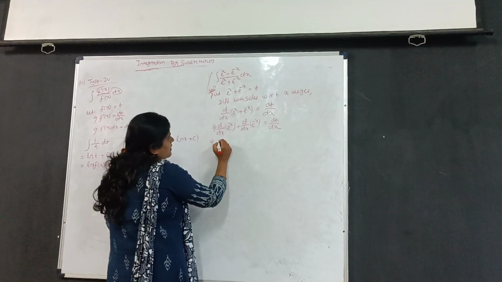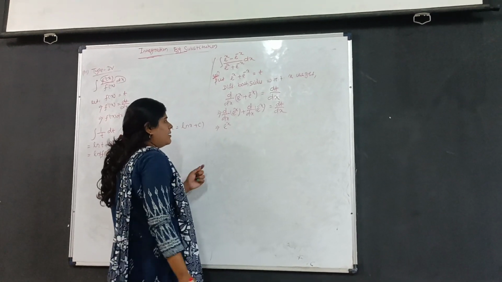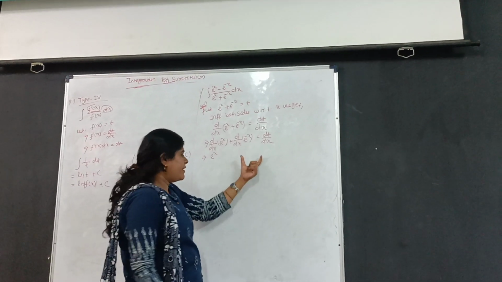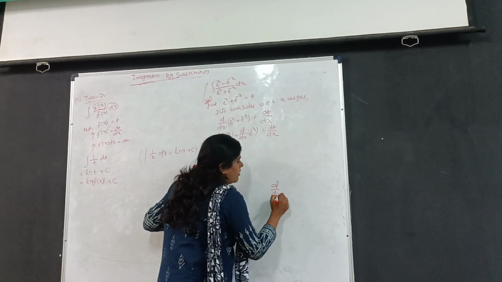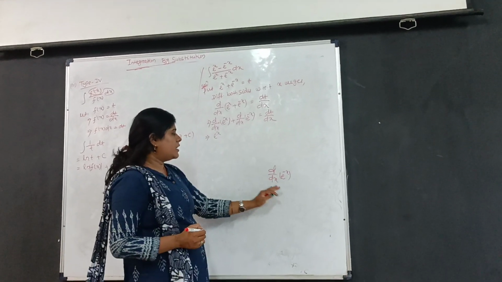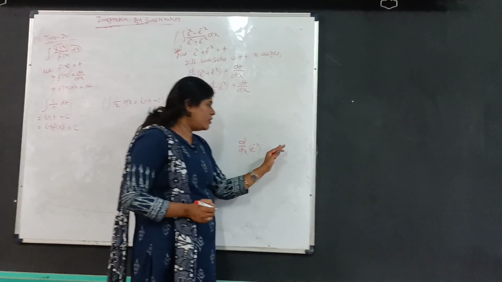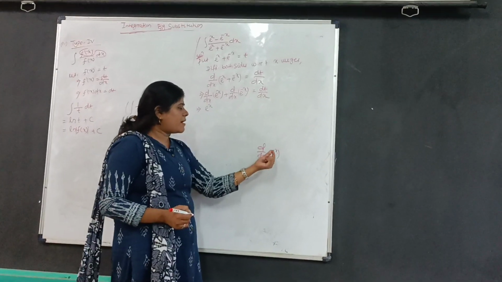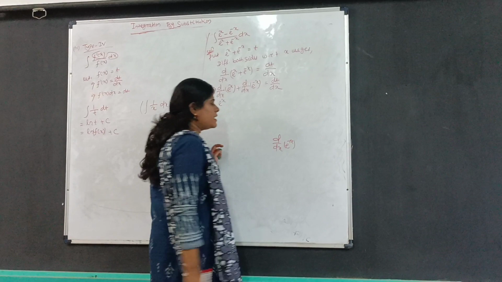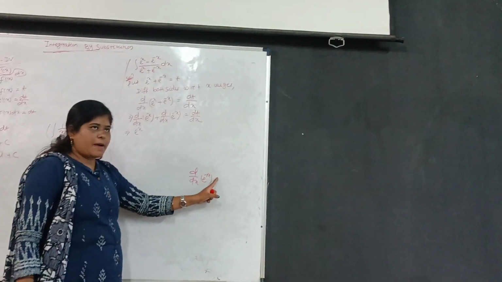That implies, already we know that the derivative of e to the power x is equal to e to the power x, and the derivative of e to the power minus x is equal to, we know that the derivative of e to the power x is e to the power x, but e to the power minus x means there is a coefficient minus 1 multiplied in the e to the power x.